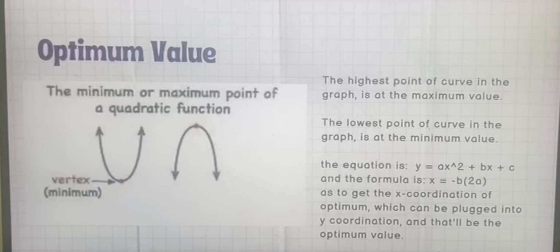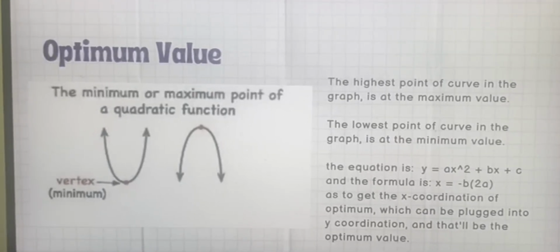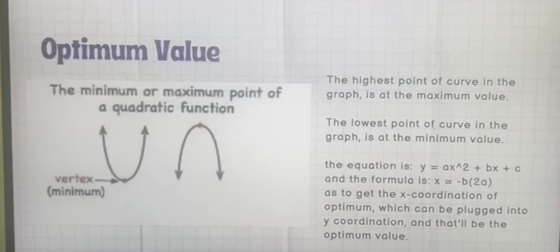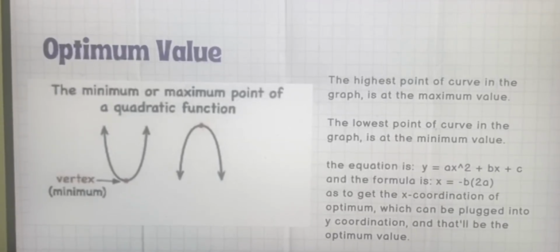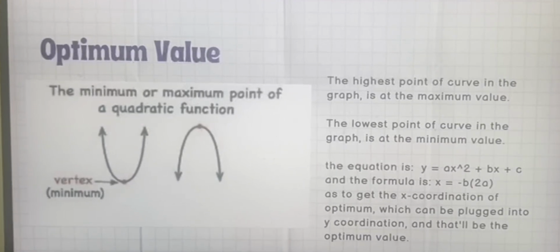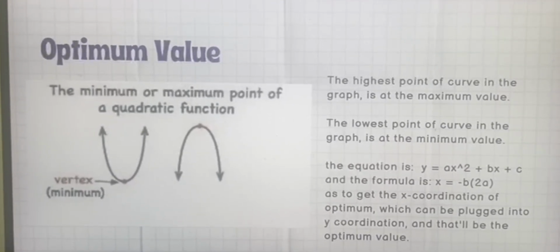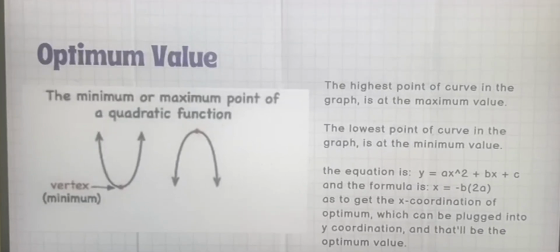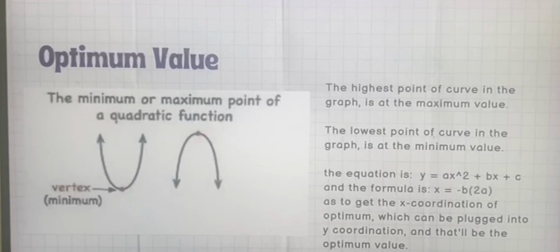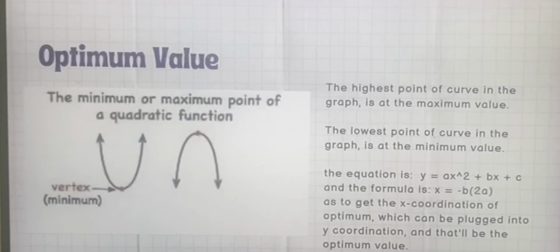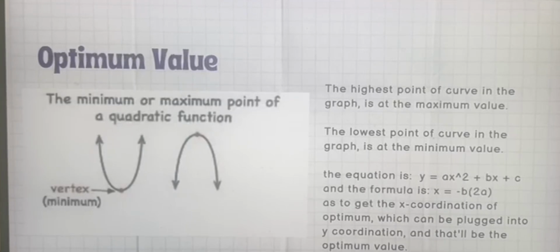So this is an oversimplified explanation of optimum value. It means that the lowest vertex is the minimum value and the highest vertex is the maximum value. If you found a curve that is at the highest point or the lowest point, it's either the maximum for the highest or the minimum value for the lowest.